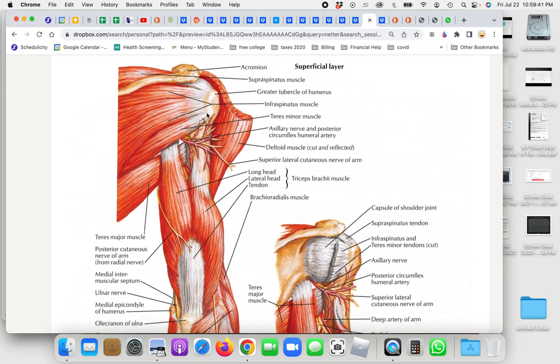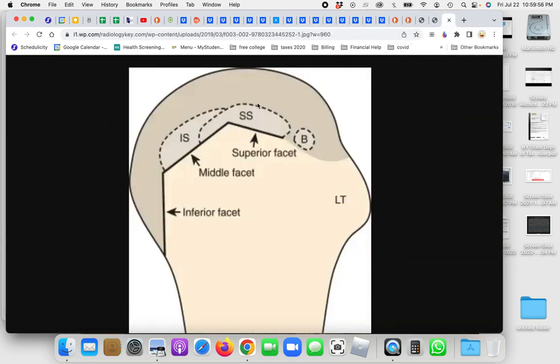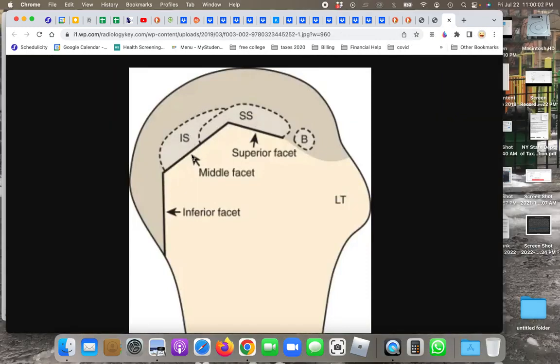Greater tubercle: supraspinatus muscle, infraspinatus muscle, and then the teres minor. And to look at it from another view, it's supraspinatus on the superior facet of the greater tuberosity, infraspinatus on the middle facet of the greater tuberosity, teres minor on the inferior facet of the greater tuberosity.